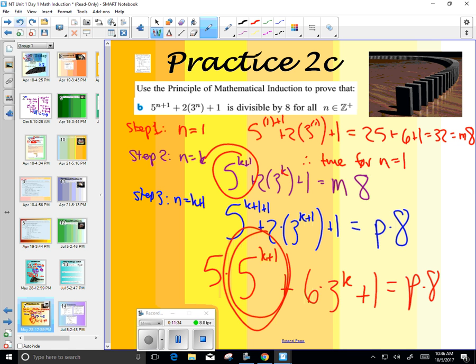Okay. So off to the side here, substitute. You're going to say 5 to the k plus 1 is going to be equal to m times 8 minus 2 times 3 to the k minus 1.